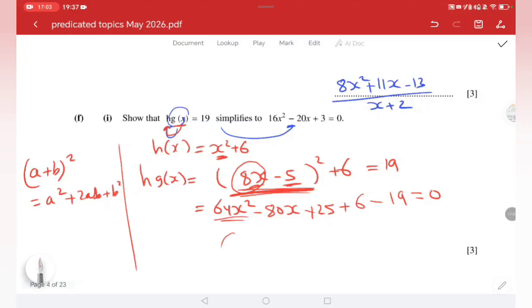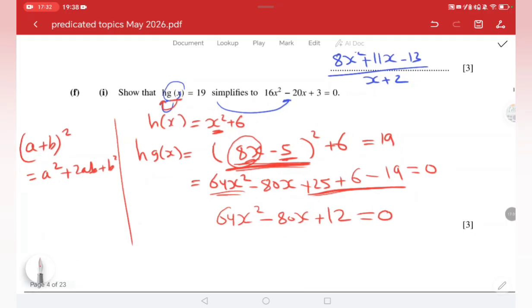So here 64x squared, and we have minus 80x plus this thing. 25 plus 6 is 31, minus 19, so this one should be 12, equals 0.